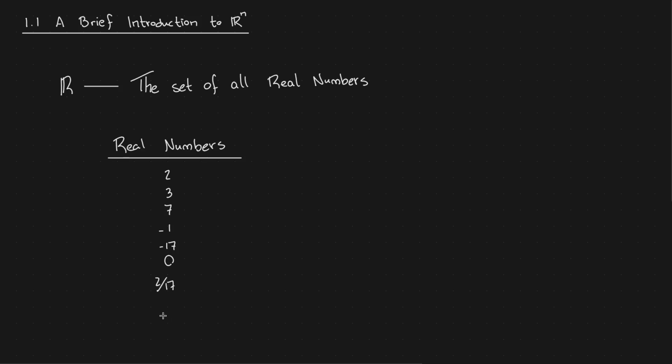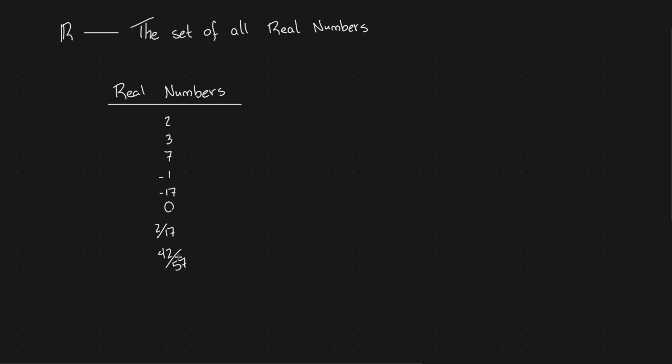So 2/17, 42/57, okay? But also all irrational numbers. Irrational numbers are all numbers that cannot be represented by a fraction. So numbers like pi and e and square root of 2. All of these are real numbers. Just about anything that you would normally think of as a number is a real number.